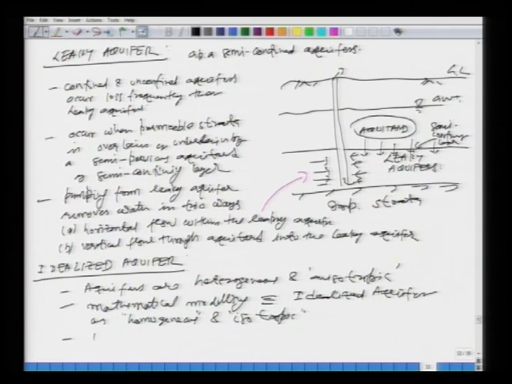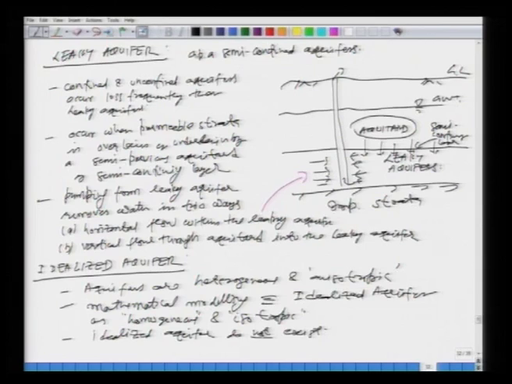It is important to note that such idealized aquifers, that is homogeneous, isotropic, etc., do not exist. There is nothing like an idealized aquifer which you will find in nature.